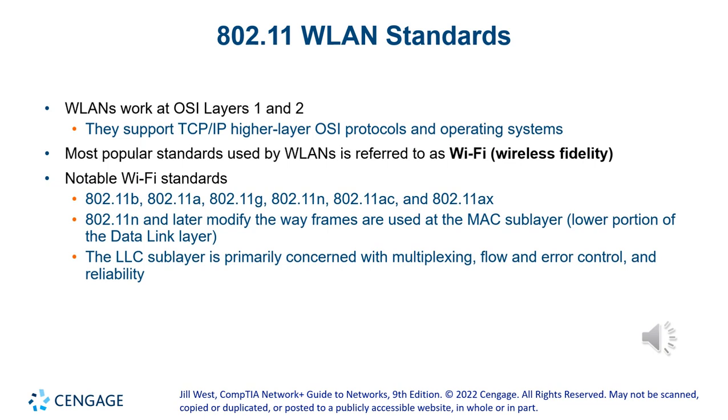The AX operates on the 2.4 and 5 gigahertz. That can give you a throughput of 9.6 gigabits at optimum performance. You're not going to get all that, but you can get up to that.